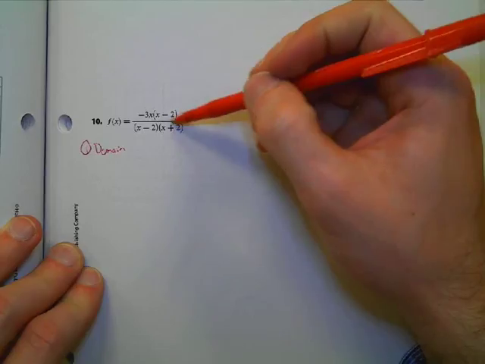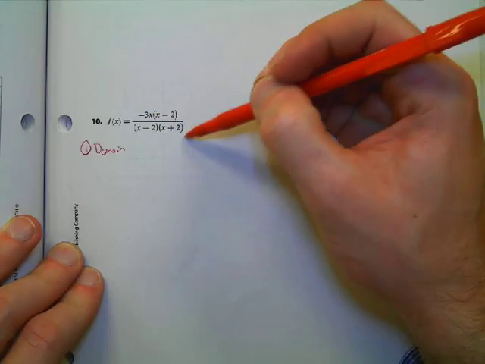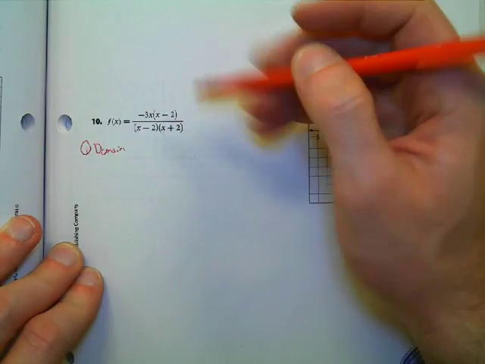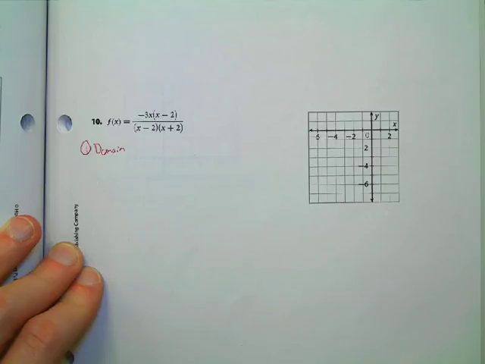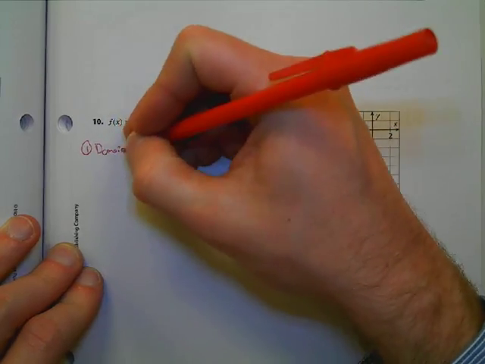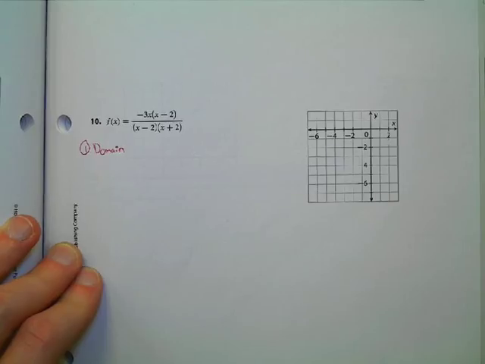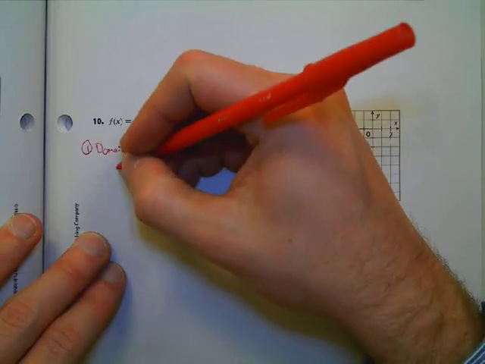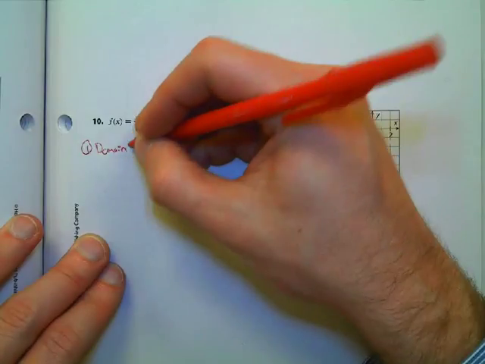All right, good. So from those two domain restrictions, those are going to be either vertical asymptotes or holes. I'll put parentheses on that because one could be a hole, both could be holes, or neither could be holes. At 2, for example, is it going to be a hole or a vertical asymptote?